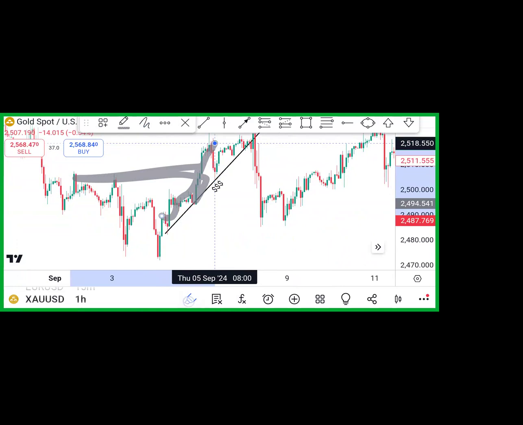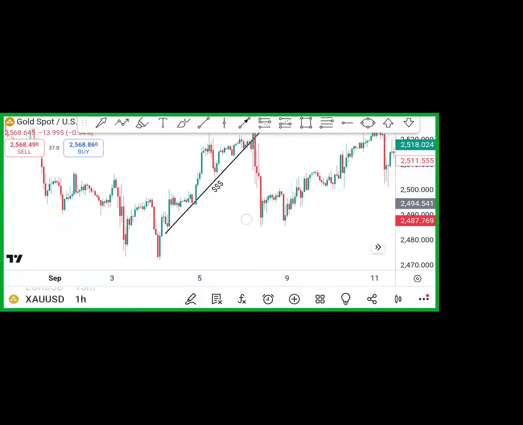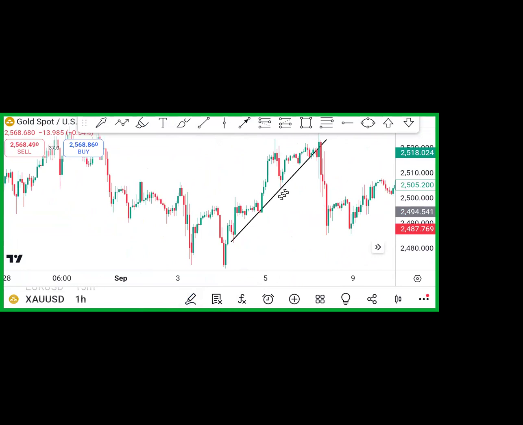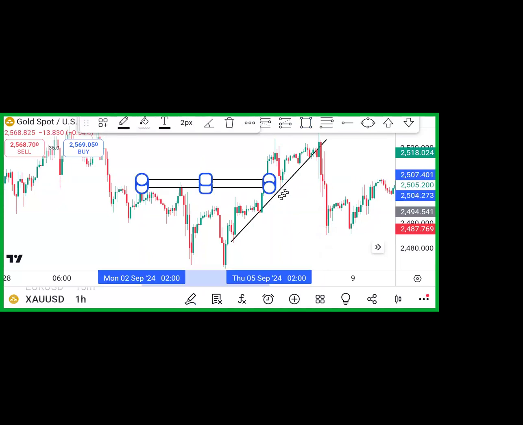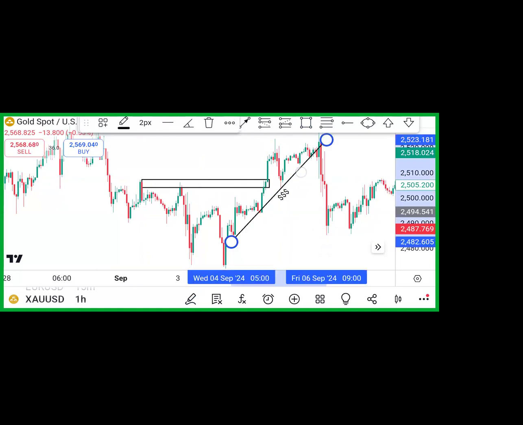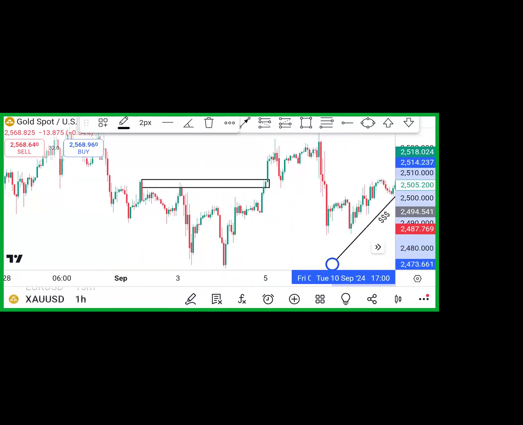Why? How many of you know why the price did not respect that very level? This is a supply level. How many of you agree with me on that? Just let me know if you agree. This is a supply level. Then the price got to that level.